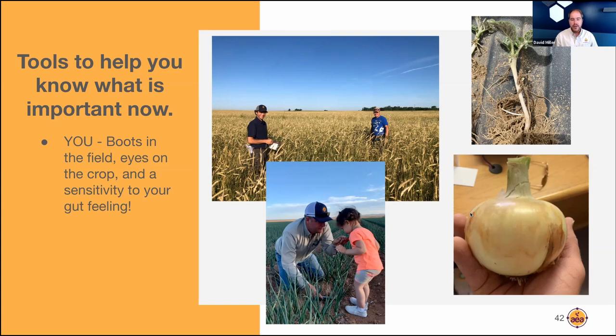You can grow cotton without growth regulators. The list goes on and on of people that I could point to that have been able to reduce or eliminate pesticides, that have been able to improve the quality, the storability, the shippability, the flavor of their crops. And so that's our passion.